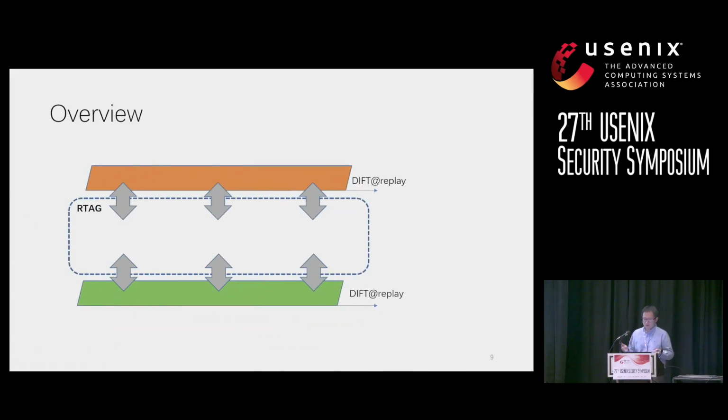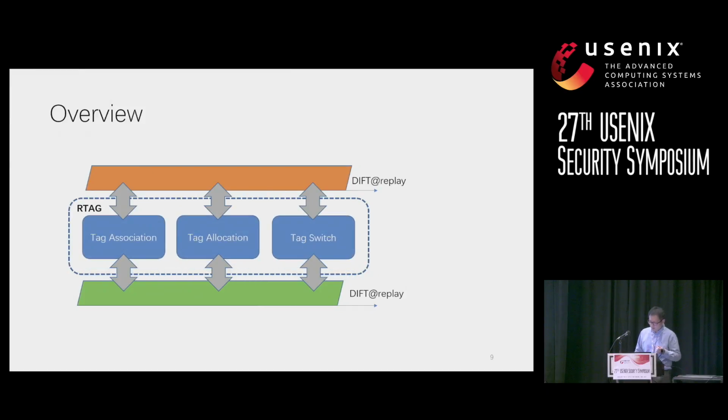So this is the overview of our system. It is composed of 4 parts. First, we have a tag association part that tracks the data transmission between different hosts.